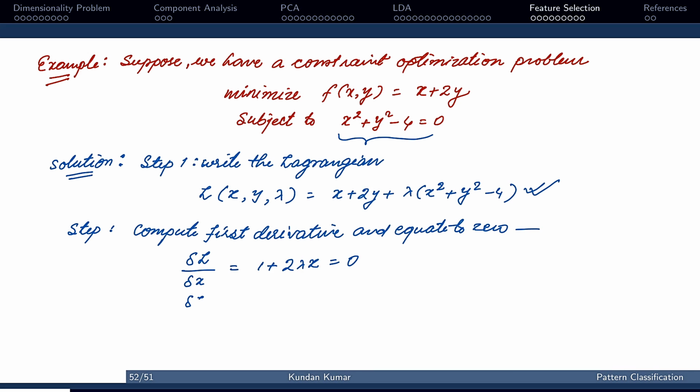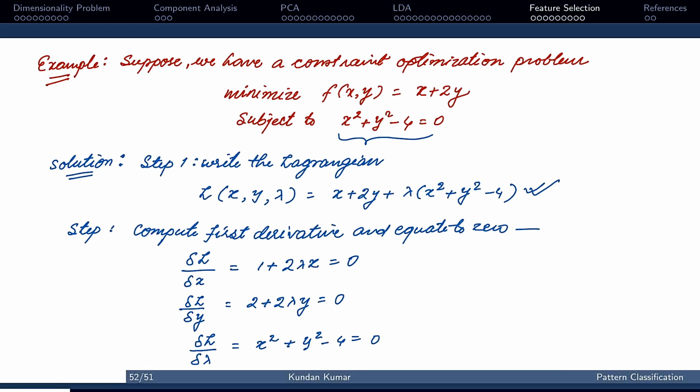The first derivative with respect to y is 2 plus 2 lambda y equal to 0, and the first derivative with respect to the Lagrangian coefficient lambda is x square plus y square minus 4 equal to 0.